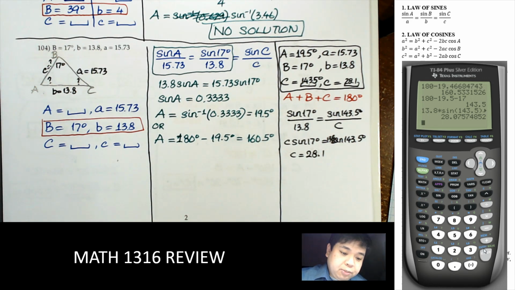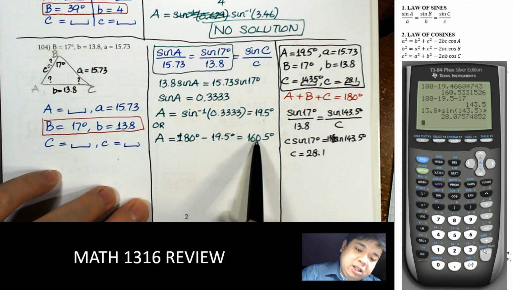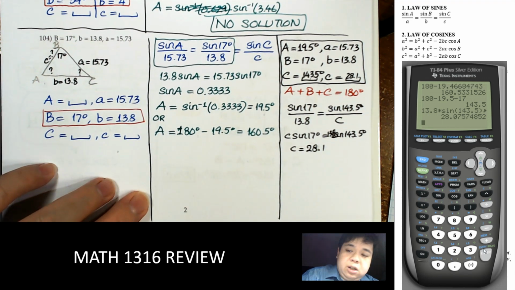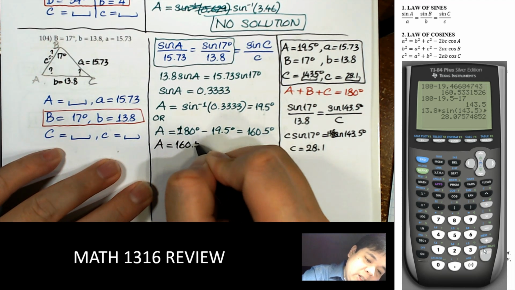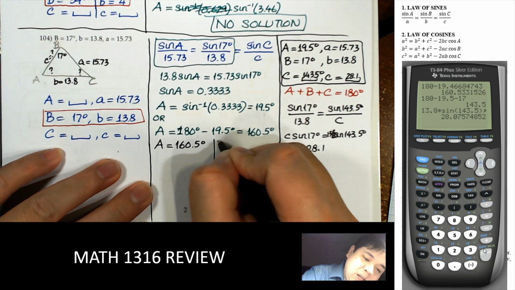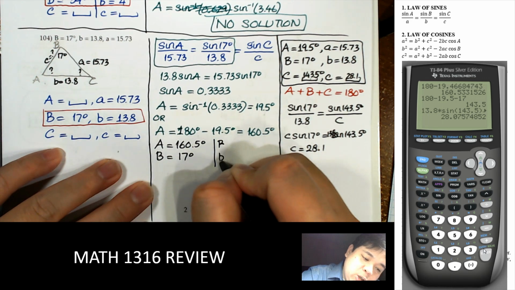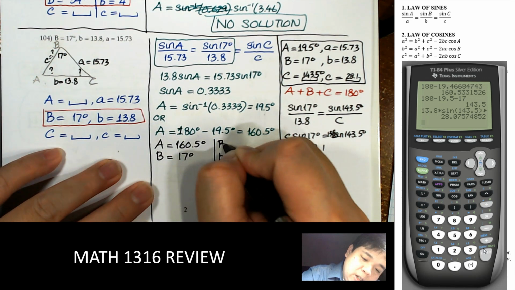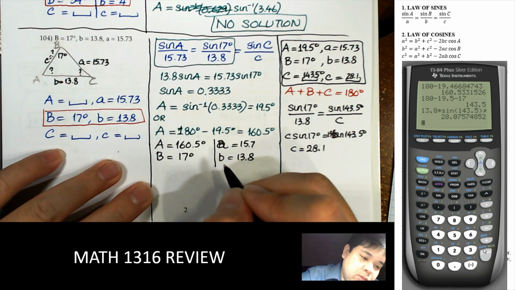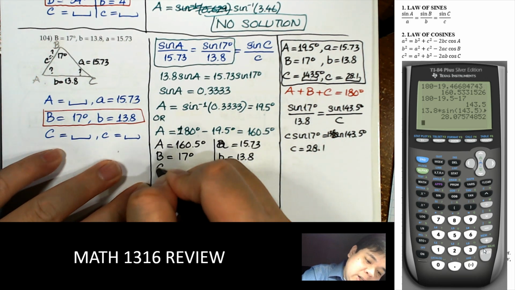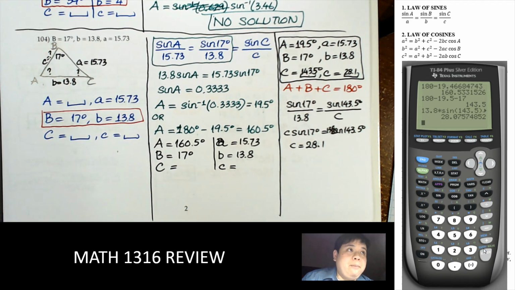We might have two. The other scenario is where we have this 160.5 degrees. So let's write that out. A, 160.5 degrees. B, 17 degrees, little b 13.8, little a 15.73, C we don't know, and little c we don't know that either.